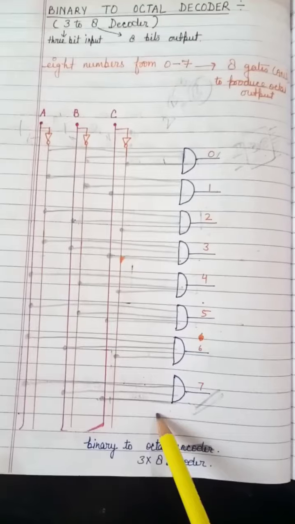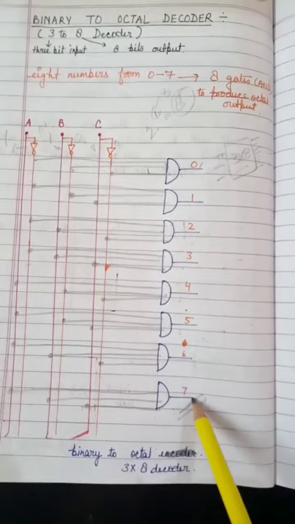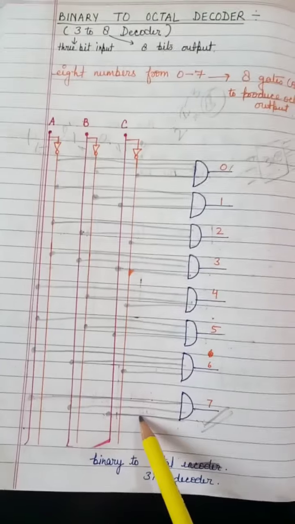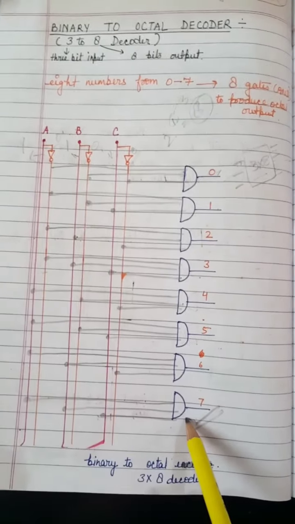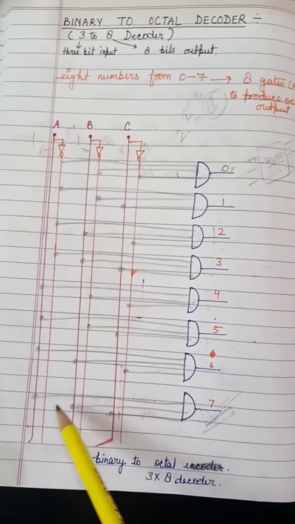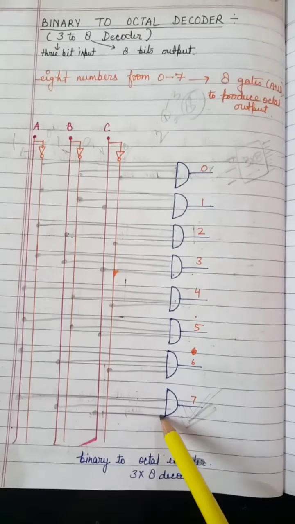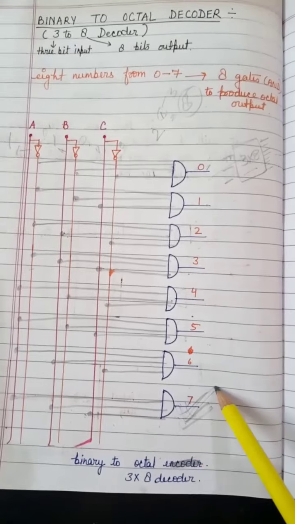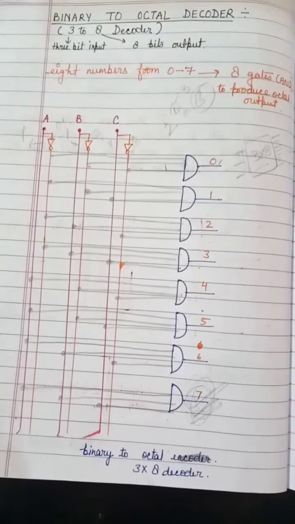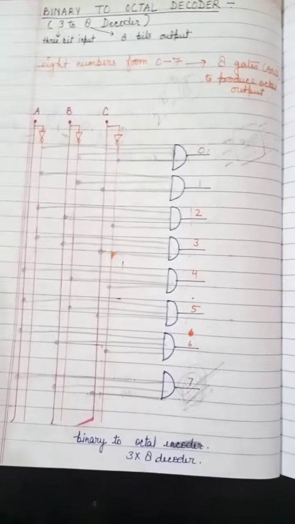Only this one is getting all the high signals, so it will produce a high output value for the combination 1 1 1. Number 7 is the binary equivalent of 111. So if all the input lines are high, this gate will produce a high output for number 7, and the equivalent of the binary combination 1 1 1 is 7. So this gate will produce a high output.